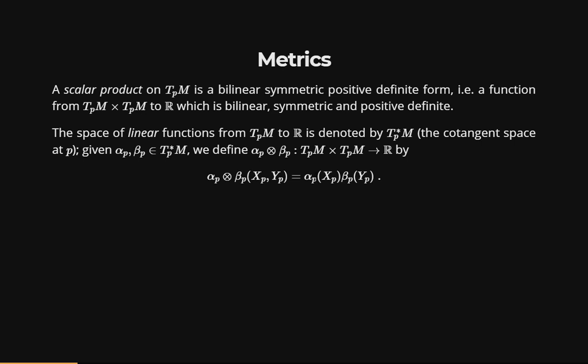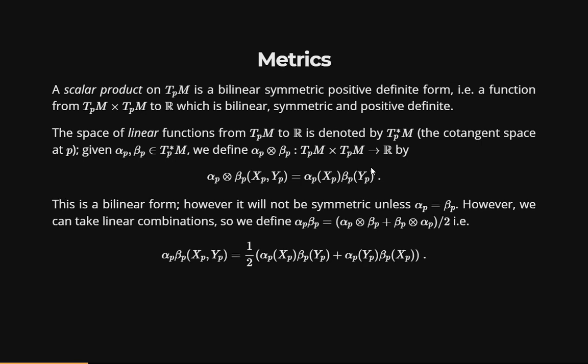It works. It's not symmetric because if you change x and y, you get alpha(y) times beta(x), which is, I mean, there is no reason for why it should be equal to alpha(x) beta(y). Unless alpha is equal to beta.